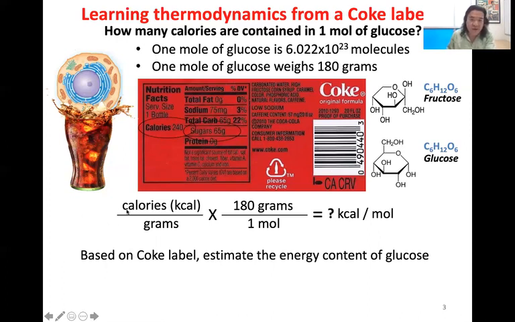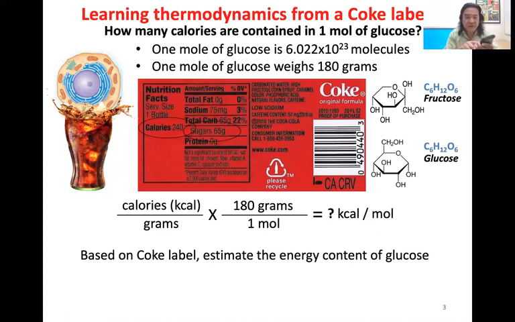So you could do this calculation. How many kcals are you talking about per gram of sugar, times 180 grams per mole of sugar? Then you can estimate how many kcals per mole of energy are contained in glucose. Let's punch that in. I have my calculator here.